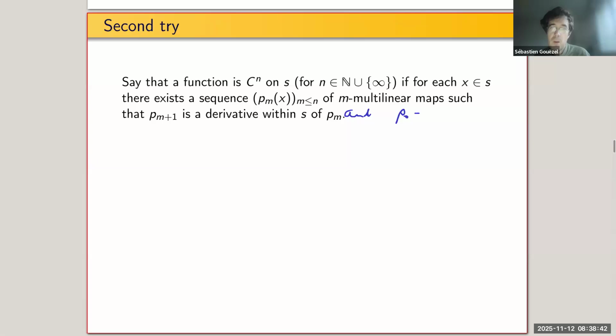And P0 equal f. So you want to have a sequence of multilinear maps where the first one is your function, and then it has a derivative P1, which is continuous, and which has a derivative P2, which is continuous, and so on. So it makes more sense than the previous definition. Instead of asking that the specific choices f deriv within are nice, I'm just asking that there is some nice sequence of successive derivatives which are continuous and differentiable on the set.